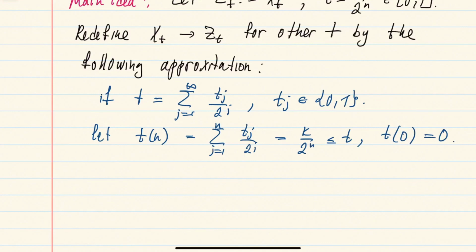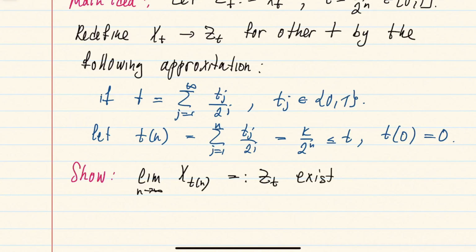And then we will show that this limit of X at these dyadic approximations from below does exist almost surely. So we'll denote this Z_t, so it exists almost surely, and it's continuous.